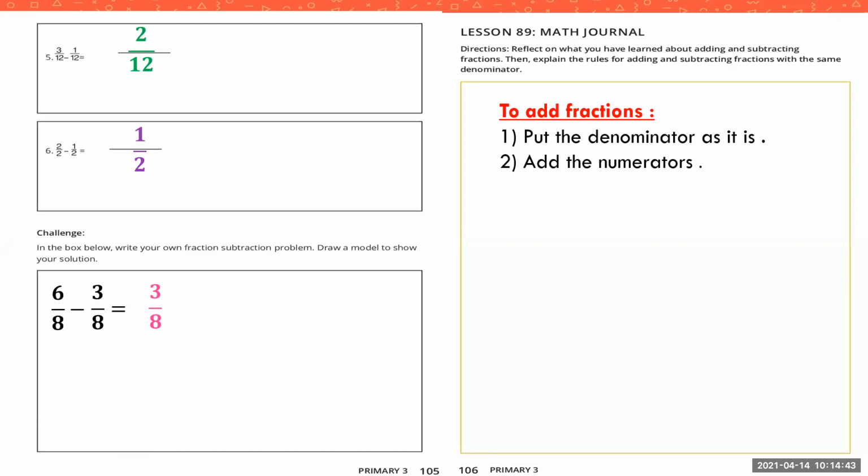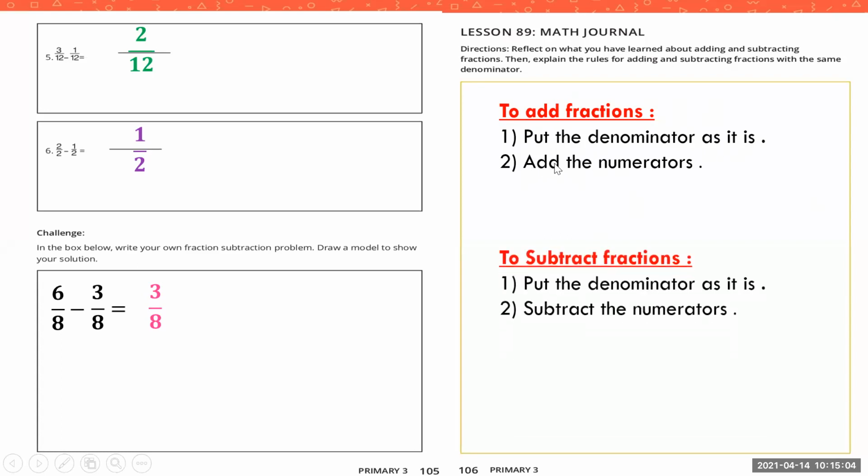Here, reflect on your learning. Explain the rules of adding and subtracting. First, we know that we must add or subtract normal fractions only this year, okay? So, if we want to add or subtract, we put denominators as it is and add numerators if it's addition.